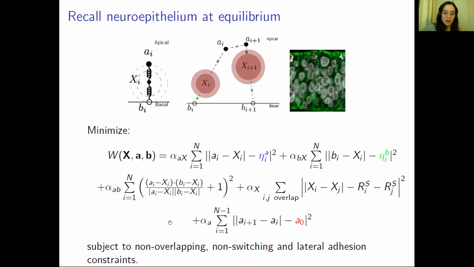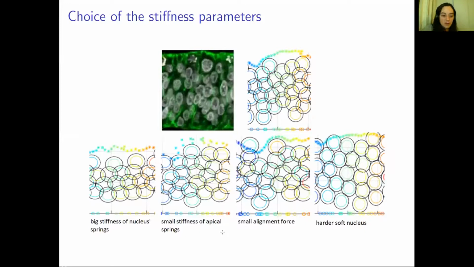Okay, and by considering different parameters, we can observe the influence in the minimizers that we obtain. So if the stiffness of the nucleus is very large, then the tissue is quite short. If the stiffness of apical springs is small, then the apical network is quite loose. A small alignment of forces messes up with the colors.